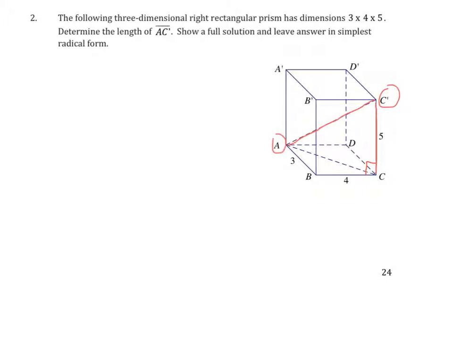I highlighted the first one in red. So that's triangle A, C, and C prime, is a right triangle, and so is, and I will highlight it in blue, A, B, and B, C. So triangle ABC.